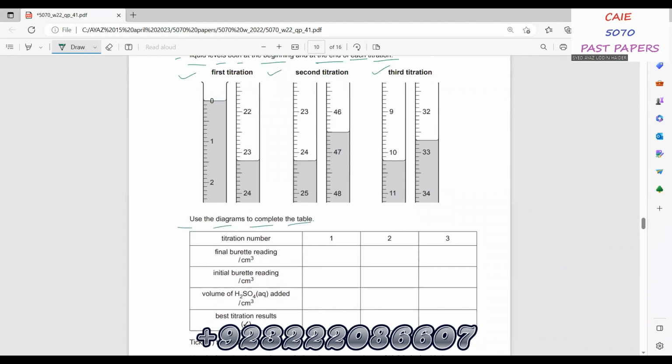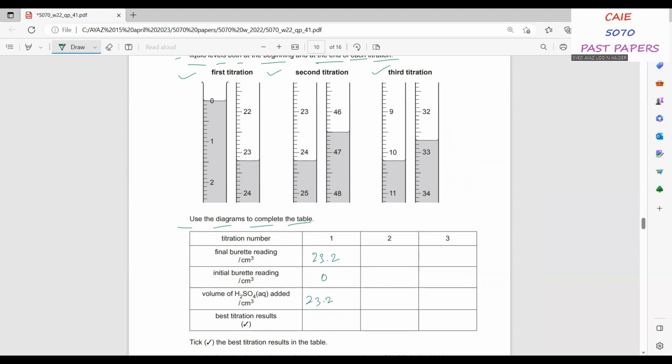For the first titration, the final reading is 23.2. Initial reading 0. Volume of H2SO4 added will be 23.2. Second one, the final burette reading will be 46.5.